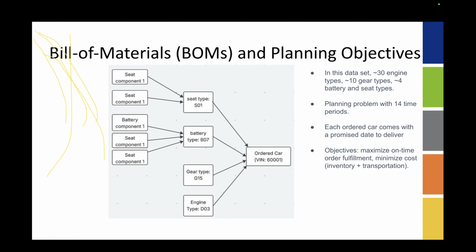The planning objective in that model has multiple things. It tries to maximize on-time delivery, and it tries to minimize cost. The cost includes both inventory and transportation, right? Overall, there are 30 types of engines and about 10 different types of gears, batteries, and seats as well.